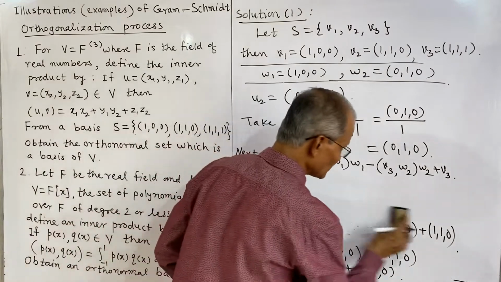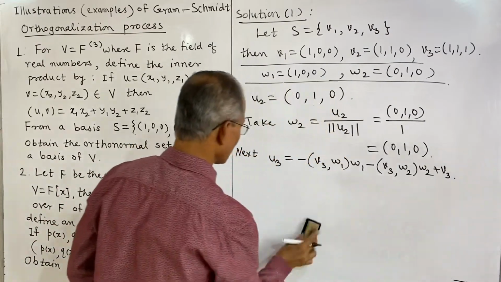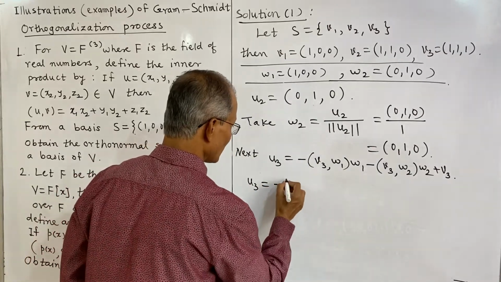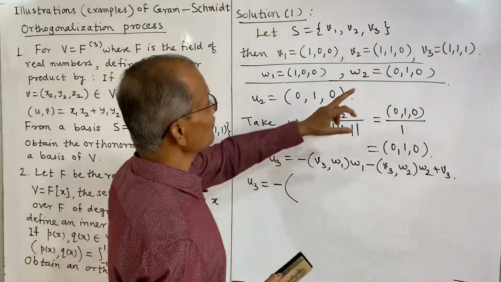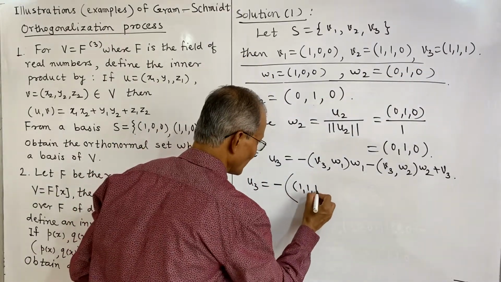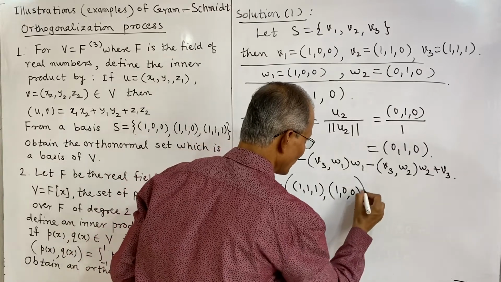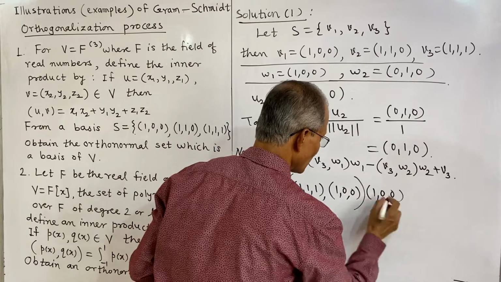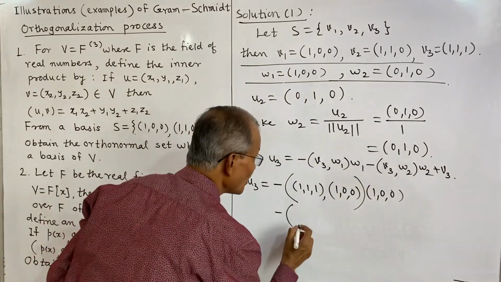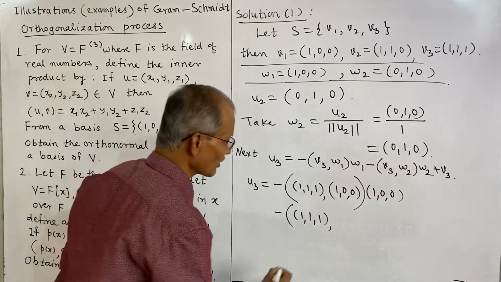Now we calculate this U3. U3 is equal to minus, what is V3? V3 is here 1 1 1, inner product of 1 1 1 with W1, that is 1 0 0, multiplied by 1 0 0. This is the first term, and minus, I shall write this next, V3 again is 1 1 1 and its inner product with W2.